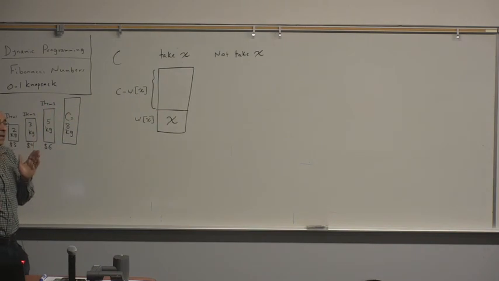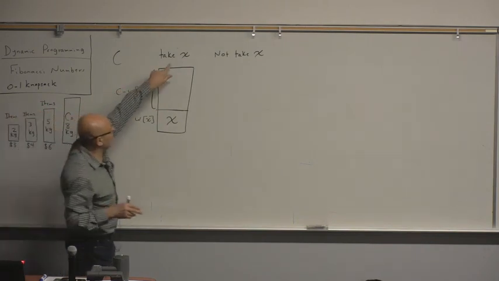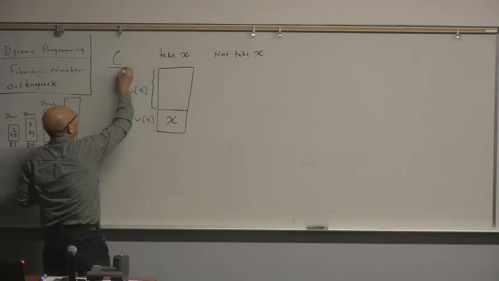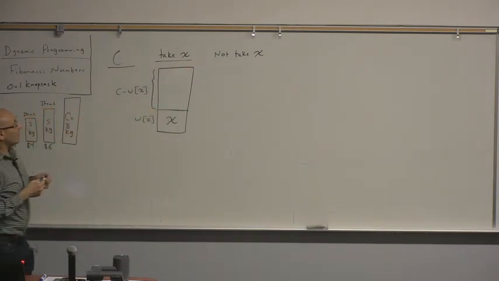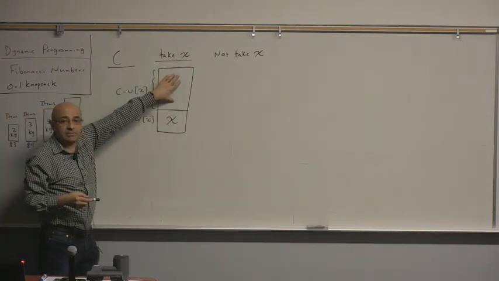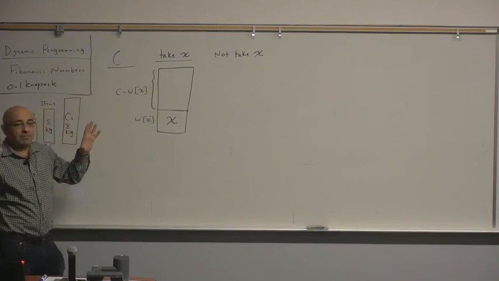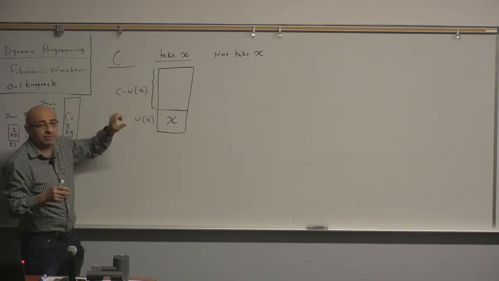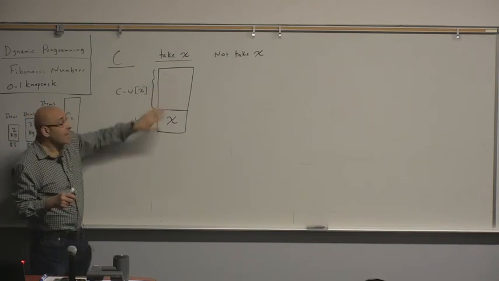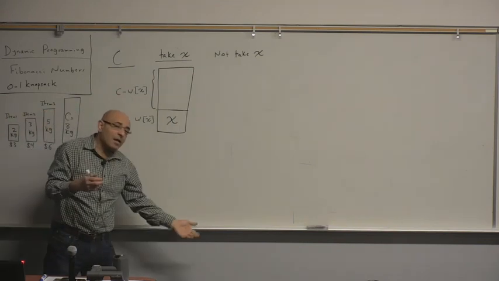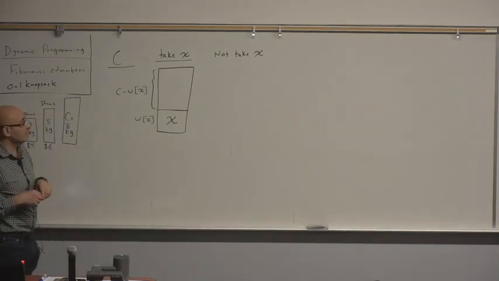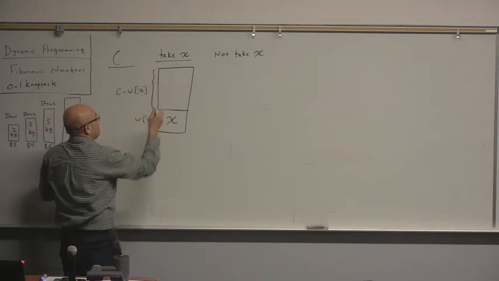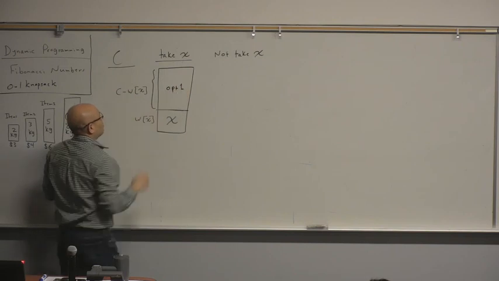The problem that I'm trying to solve includes x with capacity of C. Now, if I know the solution to this subproblem, which is the optimal value that I can fit in a knapsack with capacity C minus W of x using the other items, then I know what's the best that I can put here, and that's going to give me an optimal solution to this subproblem.